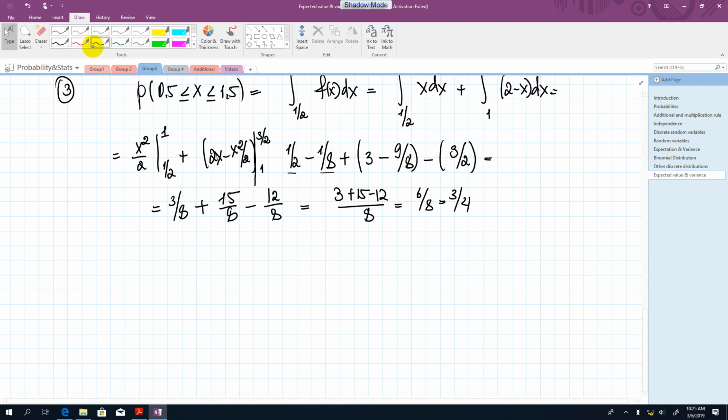So the density function is given as lambda multiplied by e to the power of minus x over 100, right?